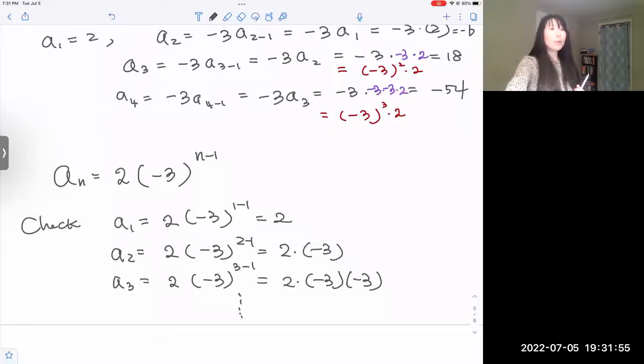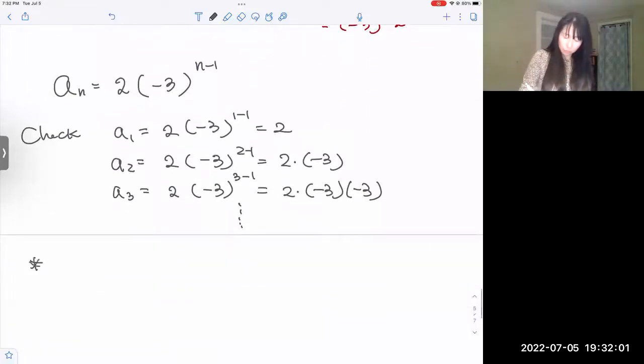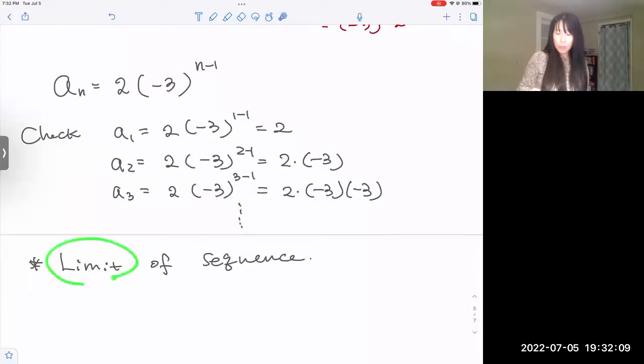Okay, let's talk about the limit of a sequence. So we had a limit in calculus 1. Limit means evaluate the function at the point, right? Now we're going to find the limit of a sequence.